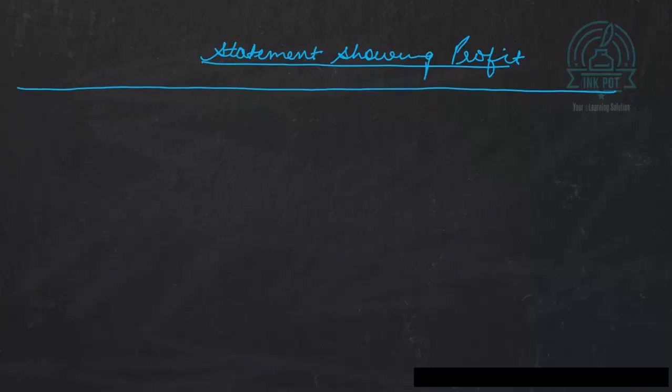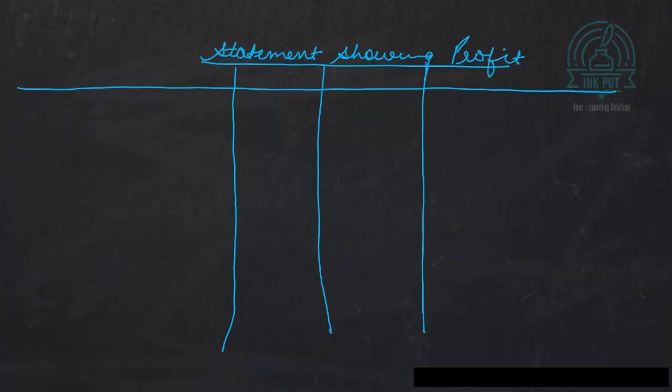The format is particulars, right? Then we have P and Q, so this is for P and this is for Q, right?